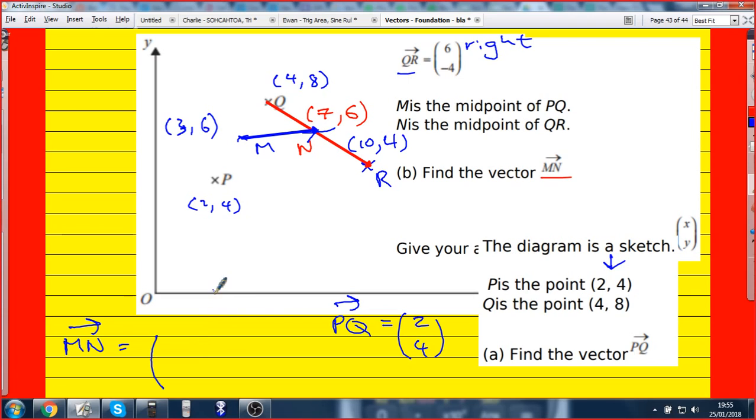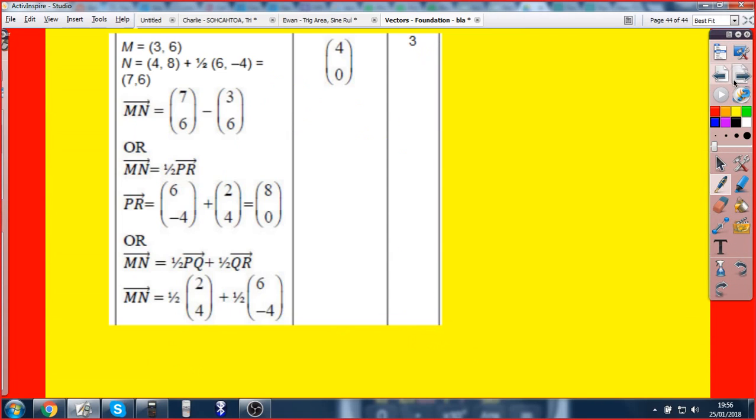No, you can subtract one from the other. So 7 minus 3, it's 4, and then 0. So from M to N is 4 right and 0 up or down. Okay. 4, 0.